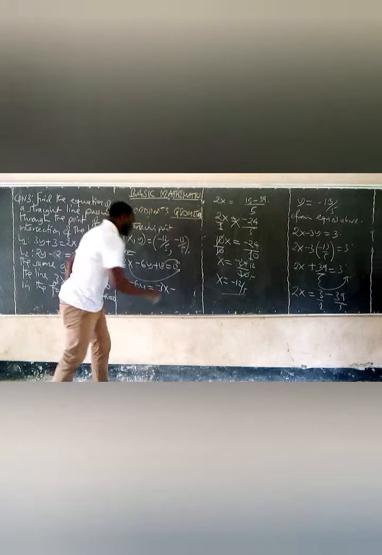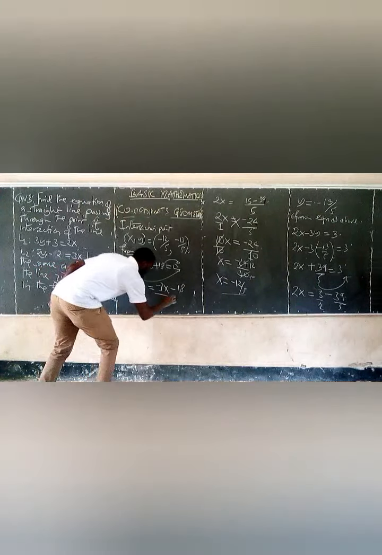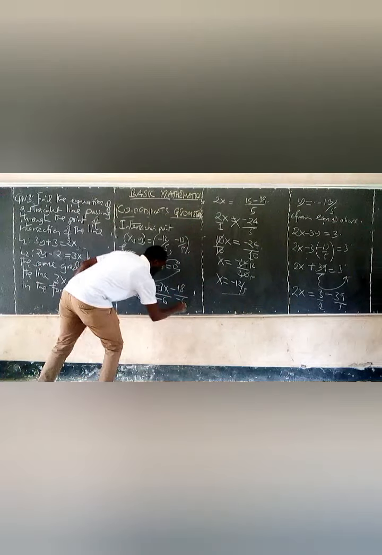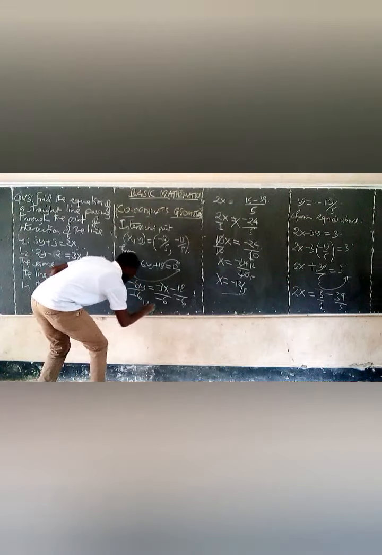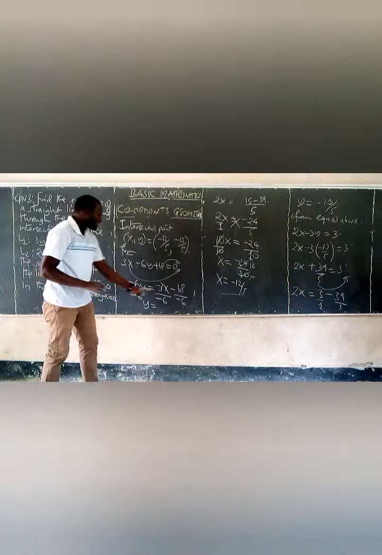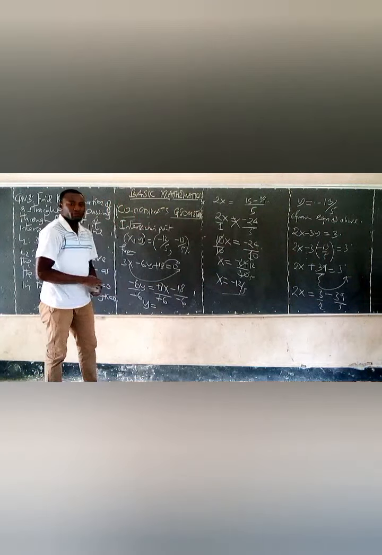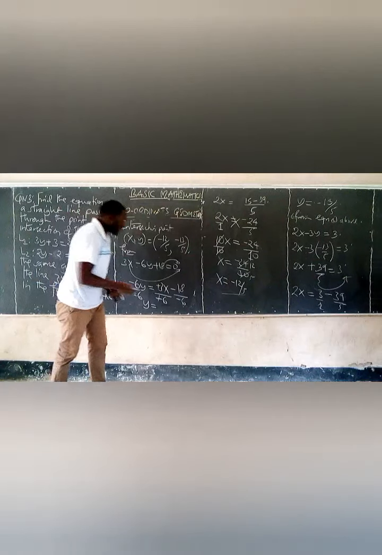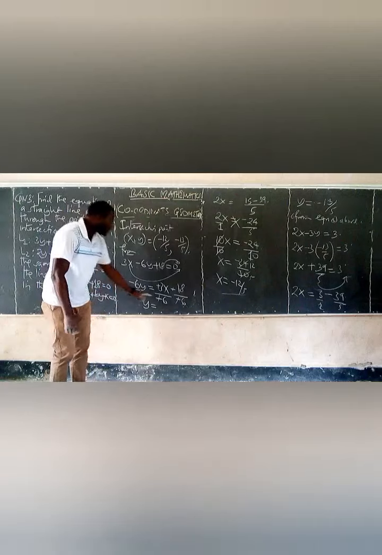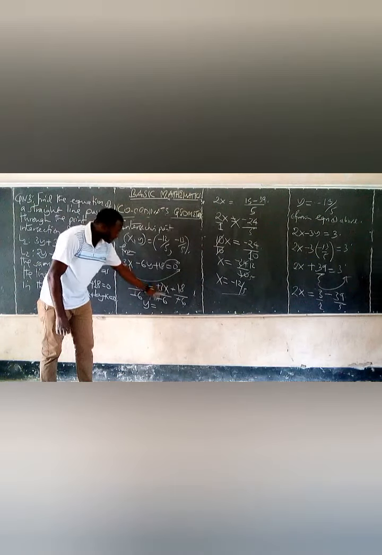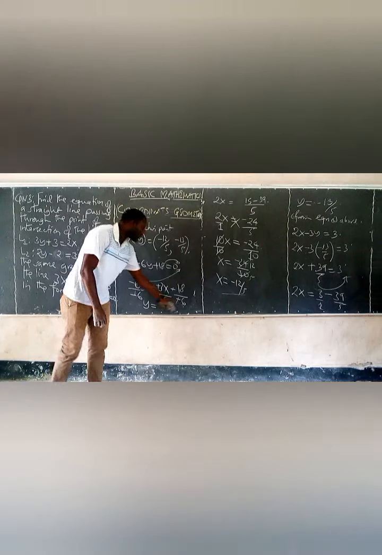Then we divide each term by negative 6. Then y is equal to, negative divided by negative is positive, again negative divided by negative is positive. We have remained with 3x over 6 plus 18 over 6.